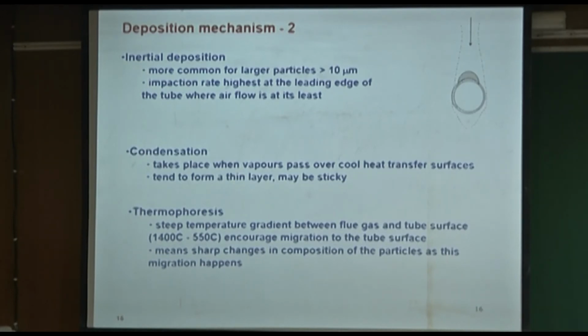And then the thermophoresis happens because of the steep temperature gradient between the flue gas and tube surface, because you have 1500 or 1600 degrees temperature in the flame and 500, 600 degrees inside the tube. So that's a huge temperature gradient to allow thermophoresis to happen, and it means sharp changes in the composition of the particles as this temperature difference and migration happens.